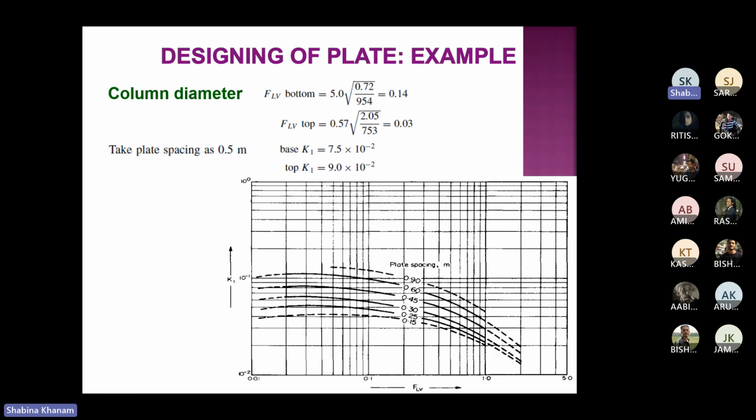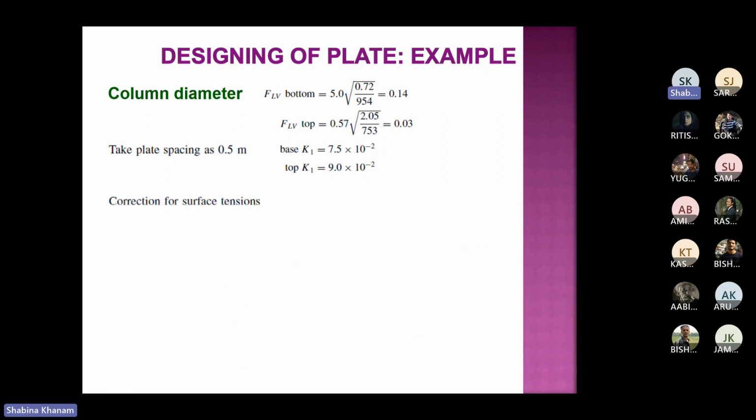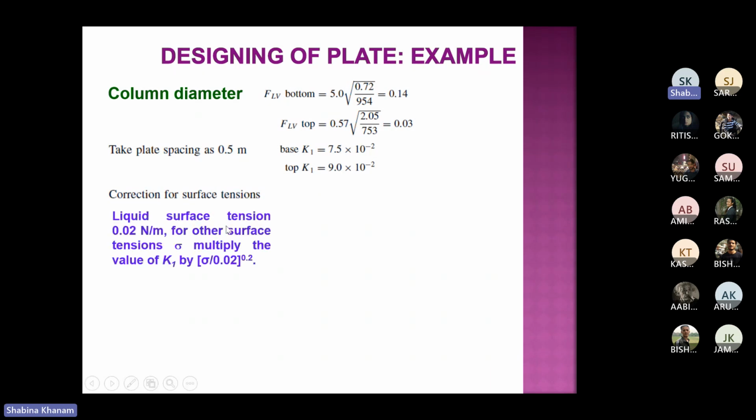Now, once I'm having this K1, we need to correct the value. Correction for surface tension is required because the liquid surface tension is considered as 0.02 Newton per meter, and here the surface tension varies, as we have already seen: 23 and 57 into 10 to the minus 3.